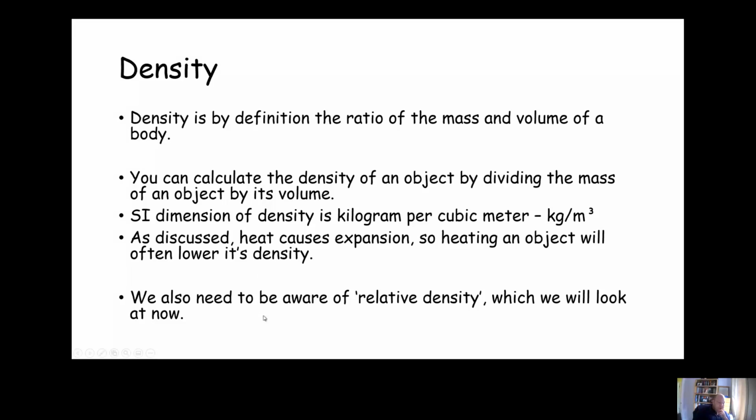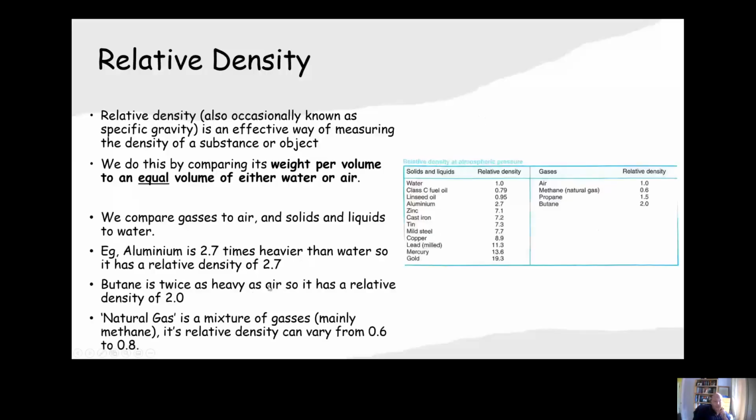And it's also worth being aware of relative density. Relative density, sometimes known as specific gravity, is a different way of measuring the density of a substance, and you do that by comparing it to water. You compare the mass of the object to an equal weight, normally of water if it's a liquid or a solid, or to an equal volume of air if it's a gas.